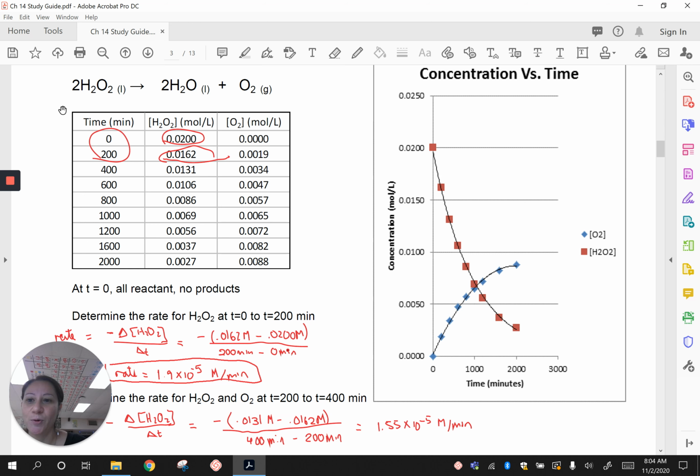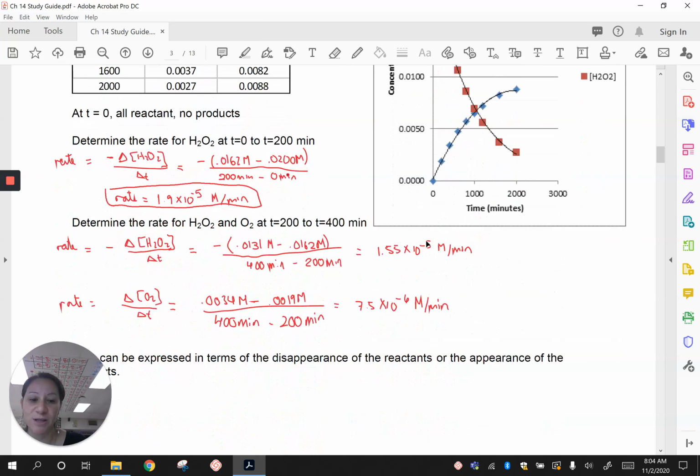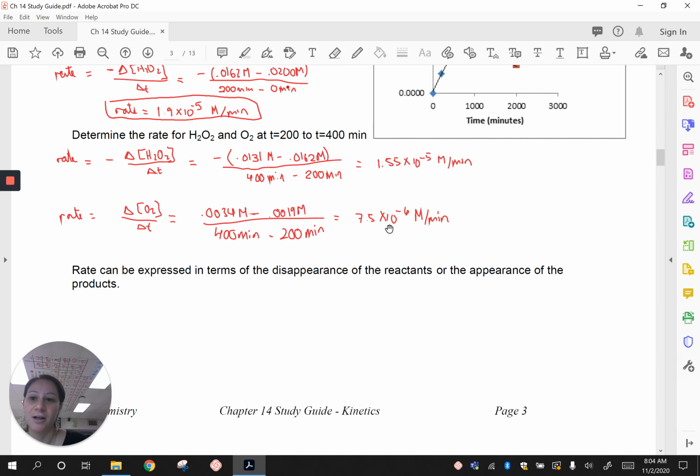You can see from the molar ratio here that for every 2 moles of hydrogen peroxide that get used up, we form 1 mole of oxygen. So the formation of the oxygen should be half the using up of the hydrogen peroxide because it's a 2-to-1 ratio. And that's what we see right here, that the formation of the oxygen is about half the rate of the disappearance of the hydrogen peroxide.